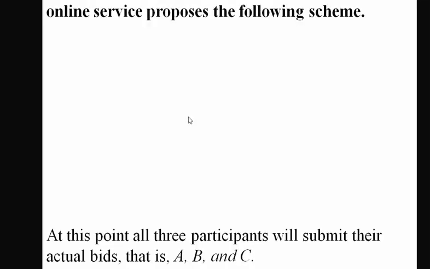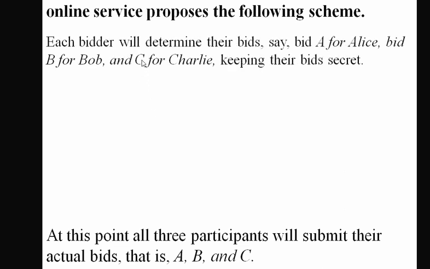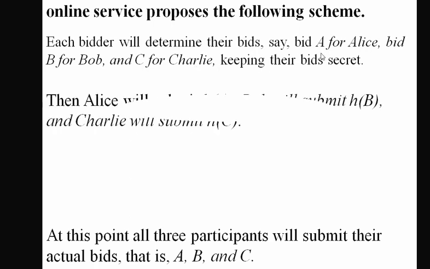So here the online service proposes the following scheme, where we use a hash function. Each bidder will determine their bid, say bid A for Alice, B for Bob and C for Charlie, keeping their bids secret. Then Alice will submit the hash of A, Bob will submit the hash of his value, and Charlie will submit the hash of his value.